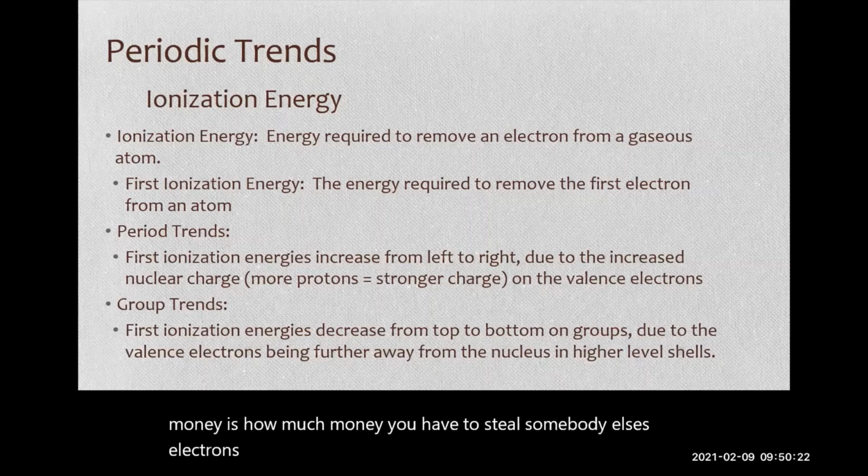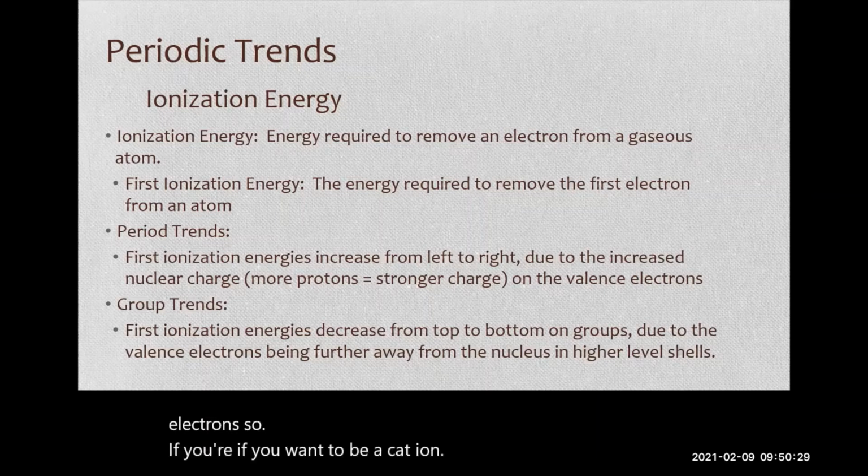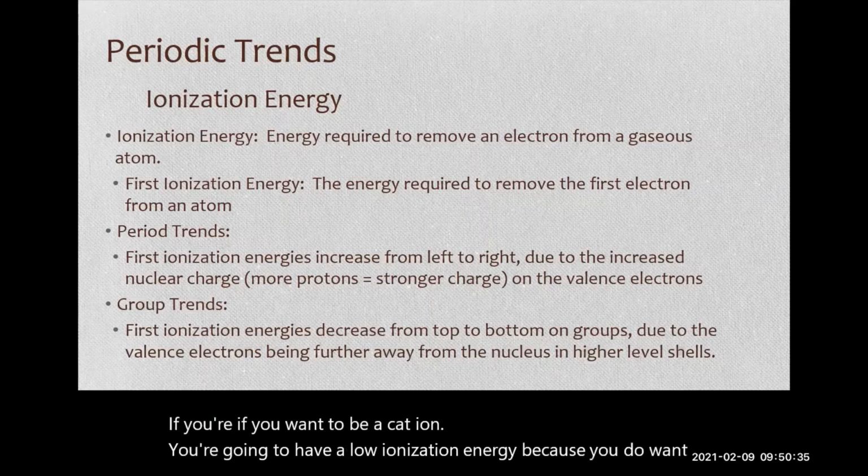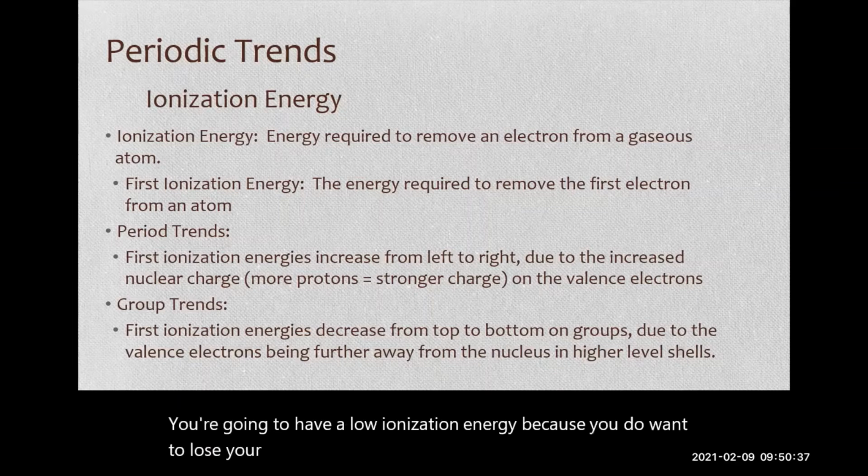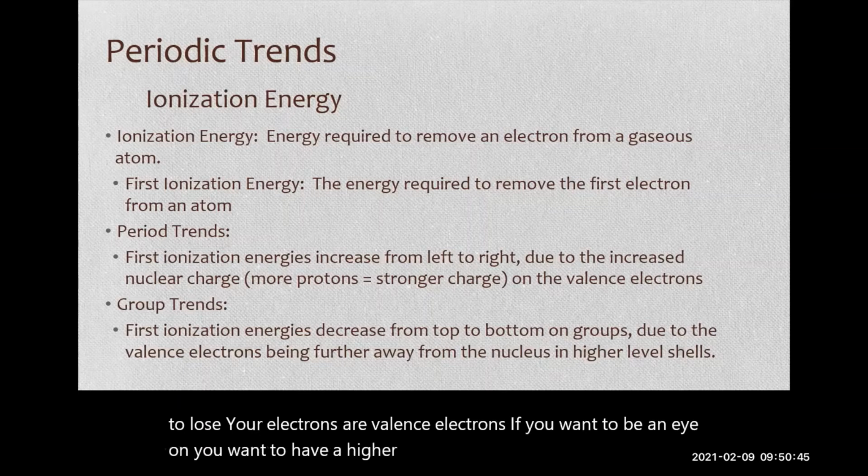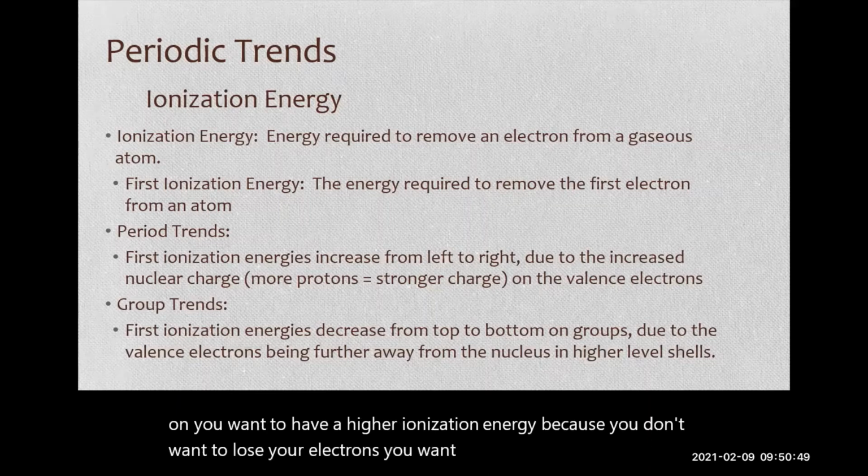So if you want to be a cation, you're going to have a low ionization energy because you do want to lose your valence electrons. If you want to be an anion, you want to have a higher ionization energy because you don't want to lose your electrons. You want to gain electrons.